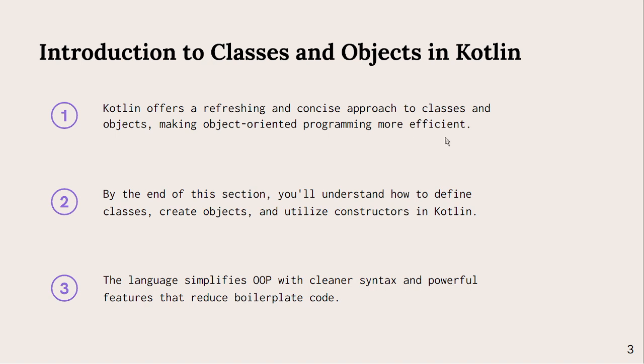Later we will see the approach that the Kotlin language chooses. By the end of this section, you will understand how to define a class, create an object, and utilize constructors in Kotlin. The language simplifies OOP with cleaner syntax and powerful features that reduce the boilerplate code. If you are familiar with Java programming, you will see that there is a lot of so-called boilerplate code to write.